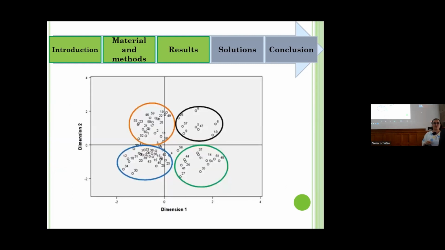So using the multiple correspondence analysis, we have 4 different groups of farmers with different characteristics. The first one is circled in orange. These farmers live far from their farms, so they cannot be present all the time.